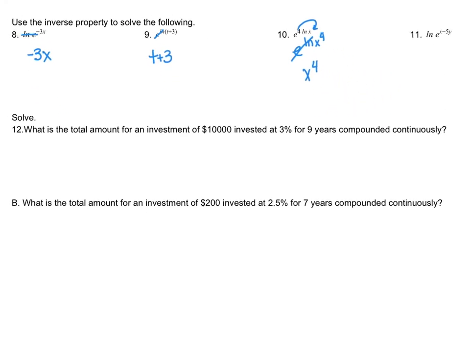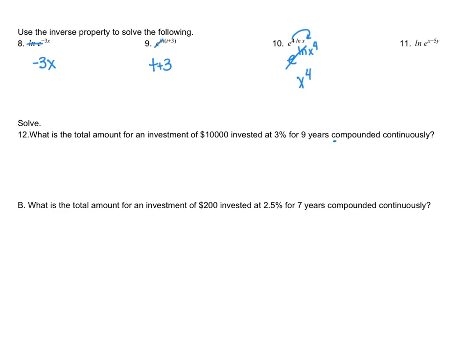What is the total amount of investment? So here we're using compounded continuously, so we're going to use A equals Pe to the rt. So we're going to invest 100,000, e for a rate of 0.03 times 9.